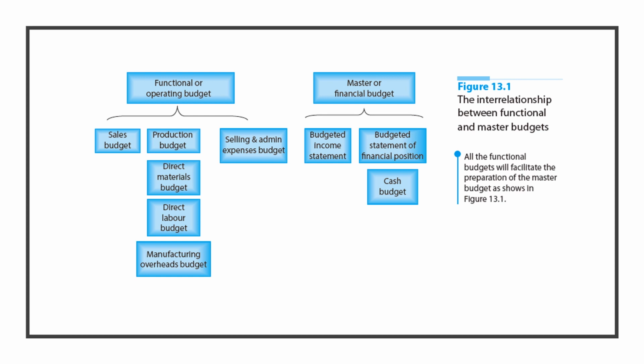So in terms of the master or financial budget, it will comprise all these functional budgets in order for you to prepare the budgeted income statement, budgeted statement of financial position, as well as your cash budget. So all the functional budgets will facilitate the preparation of the master budget as shown in this diagram, in this figure 13.1.